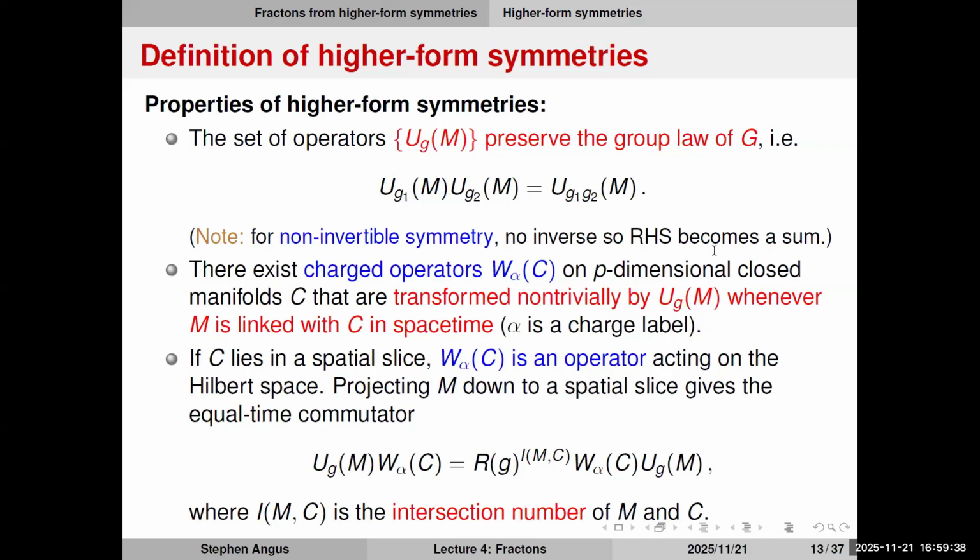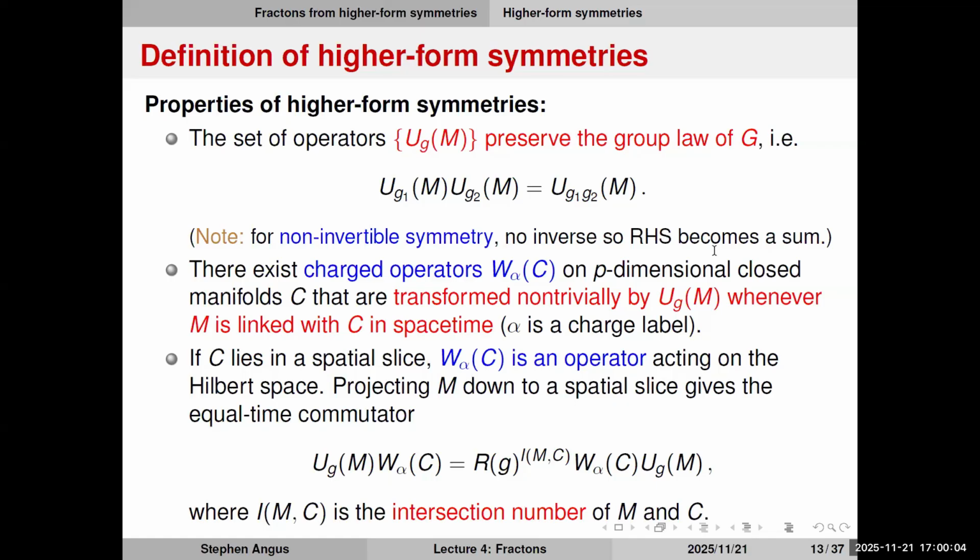There's one thing I didn't get to talk about yesterday, and that's non-invertible symmetries. That's the case where the symmetry is not a group anymore, because in a group every element has to have an inverse, but there are cases in condensed matter physics where there's no inverse.